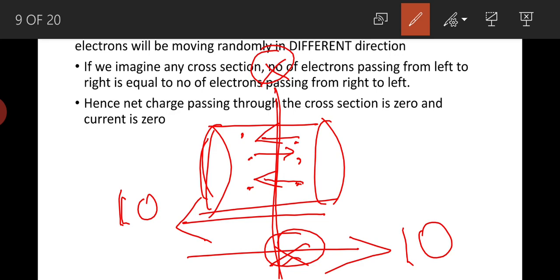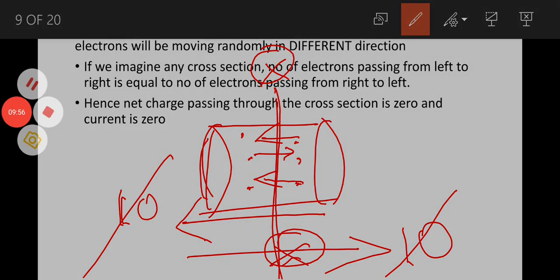So the net charge passing through this cross section is 0, because the 10 and 10 will get cancelled. When net charge is 0, then current is also 0 when this is not connected to the battery.